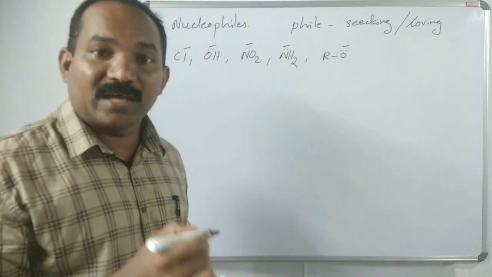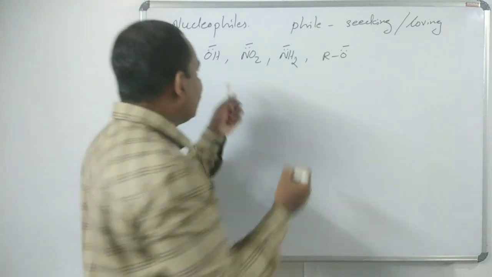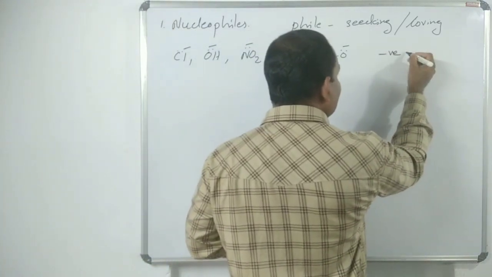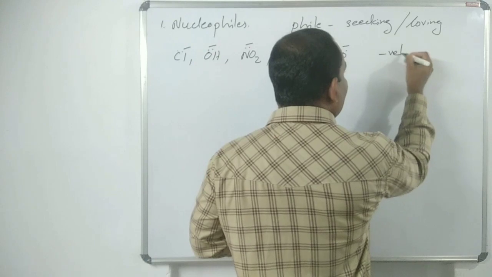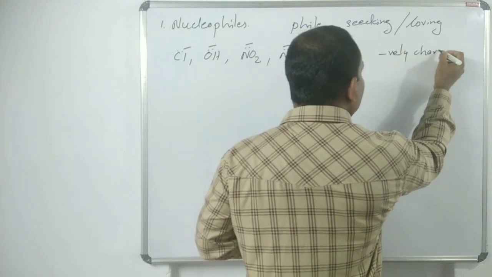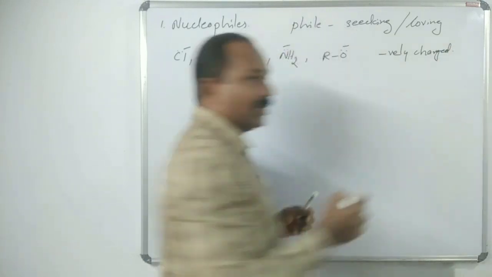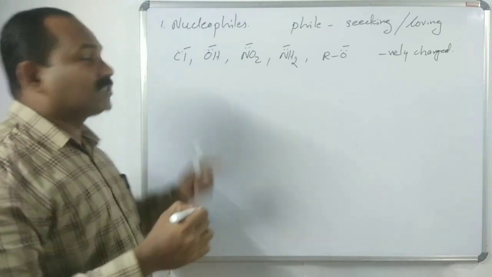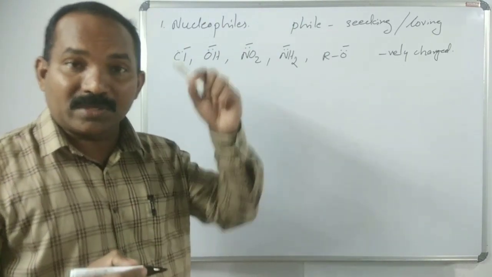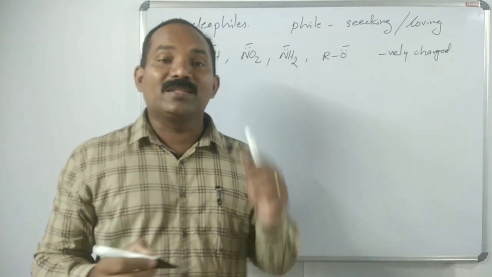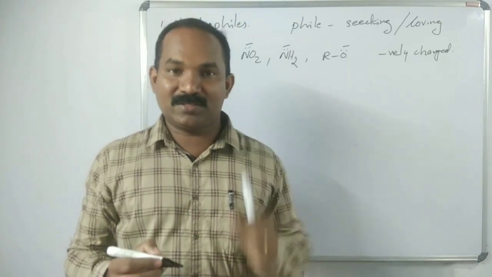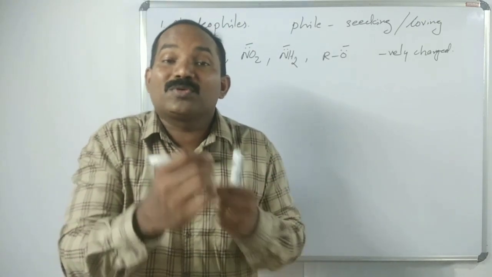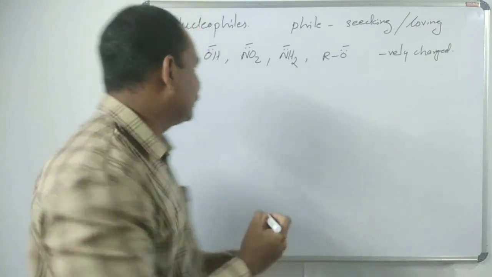All these are electron rich species and all these are negatively charged. Very clear? So they have negative charge, they are electron rich centers, that's why they are nucleophiles. They attract the positive charge or nucleus.